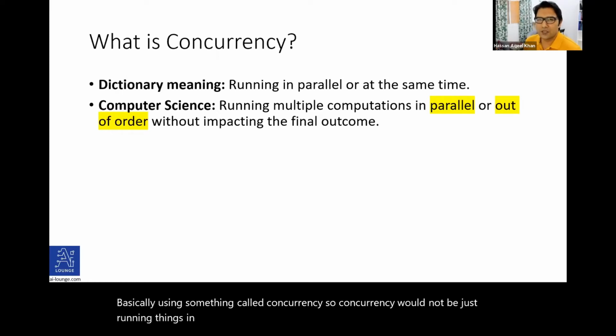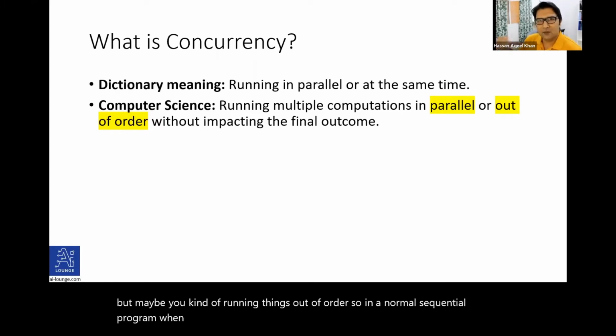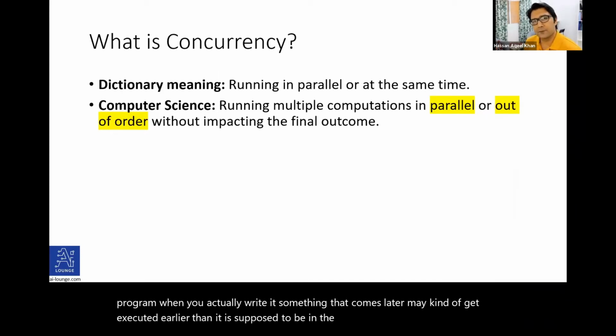It could also be that you're going more or less in a sequence, but running things out of order. So in a normal sequential program, when you write it, something that comes later may get executed earlier than it is supposed to be in the sequence of that program, right?